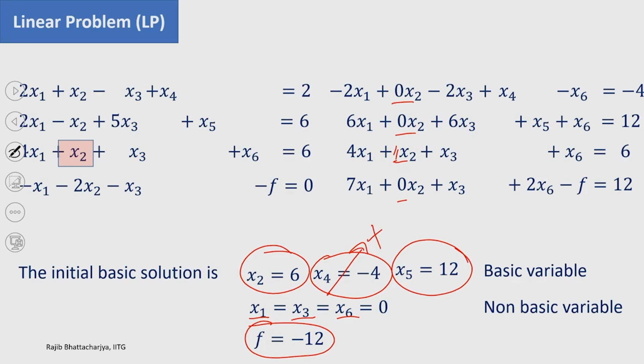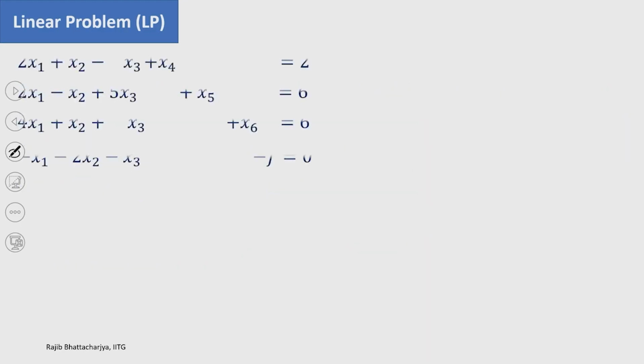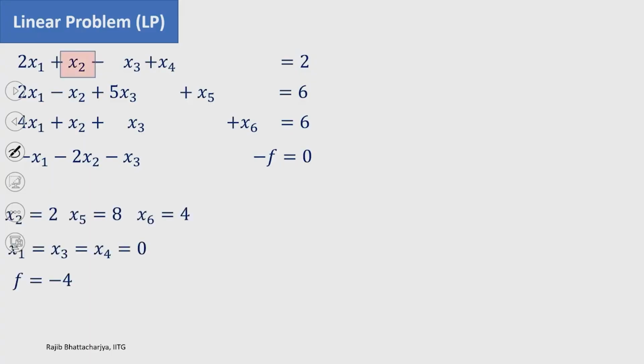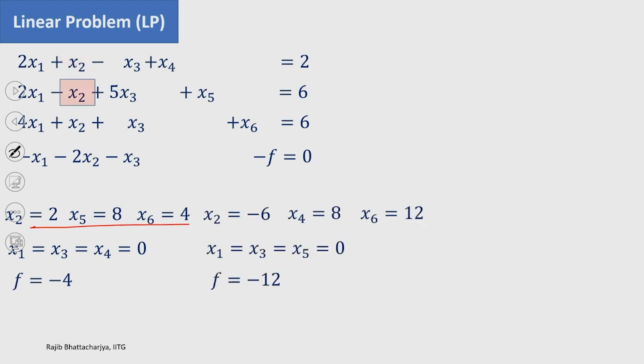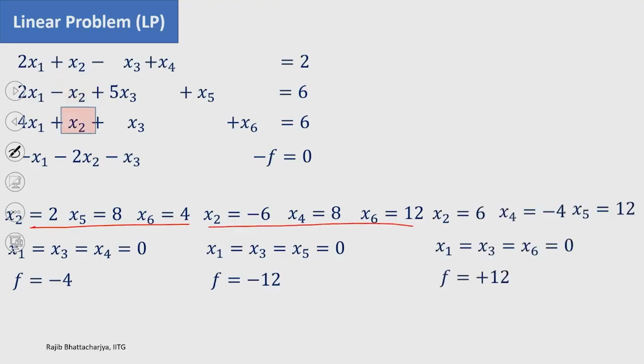You just see, so we cannot take any one of them as a pivoting element. So, we have to have some rules, so that we are not evaluating the infeasible solution. Okay. If I summarize this, when we consider the x2 in the first equation as a pivoting element, we are getting this solution, and when we have taken x2 in the second equation, we are getting this solution, and when we have taken x2 in the third equation as a pivoting element, we are getting this solution.